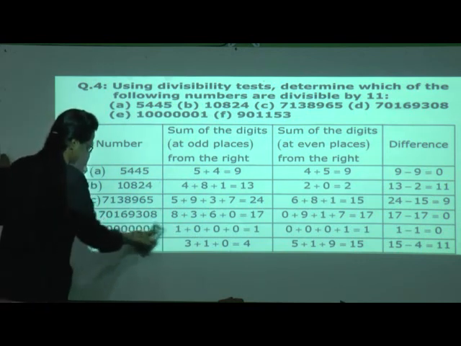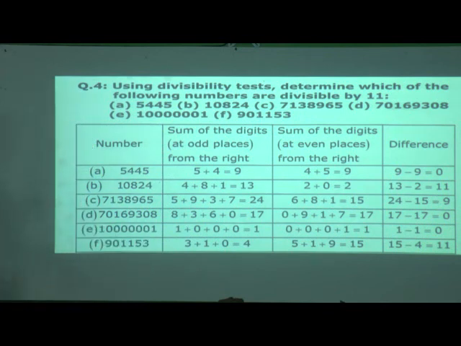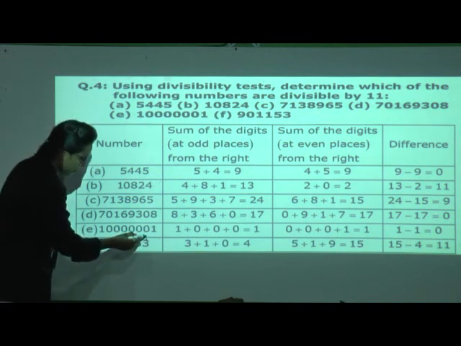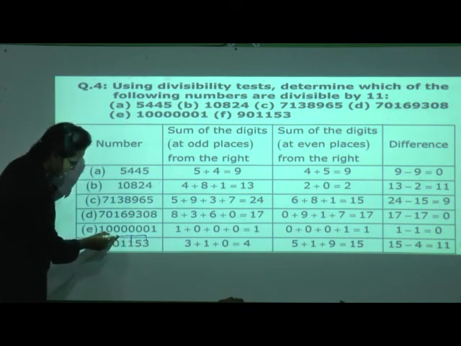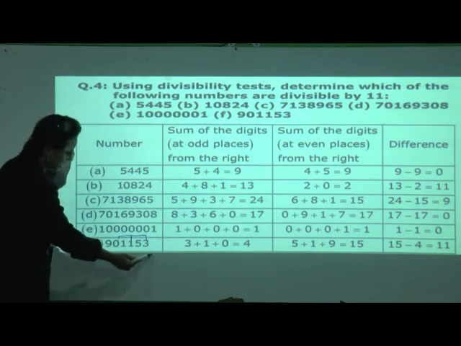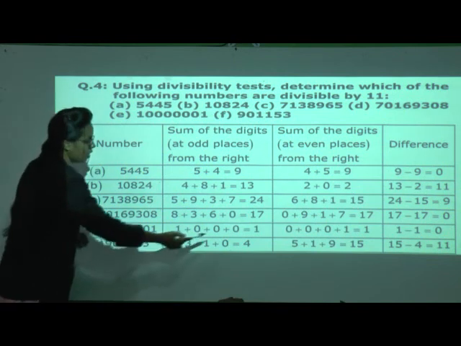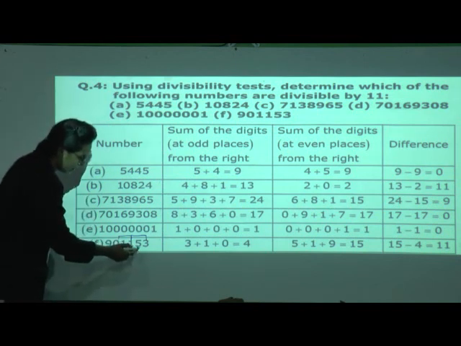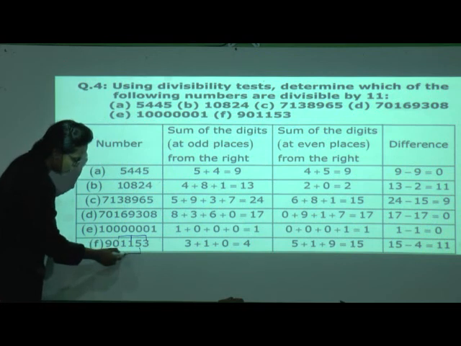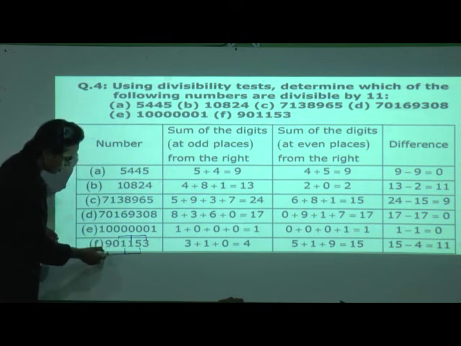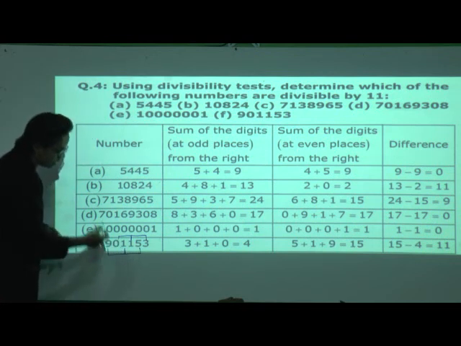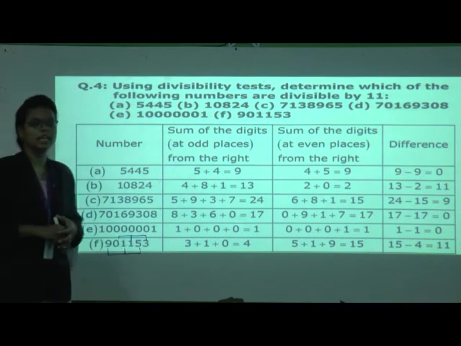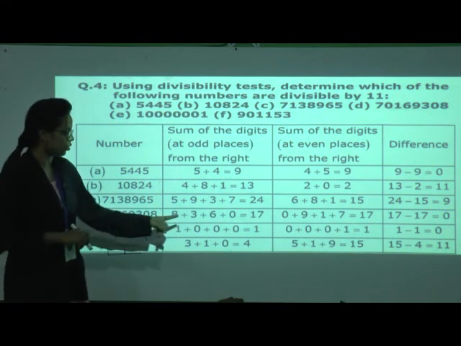Let us see the last one. Take the odd places from the right: first place, third place and then fifth place. 3 plus 1 plus 0, we got 4. Now the even places: 5 plus 1 plus 9, that is the second, fourth and sixth places, which gives 15.